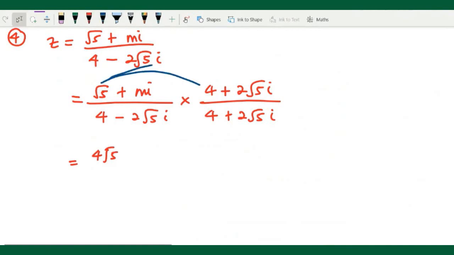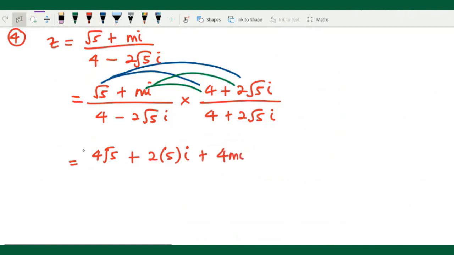Okay, 1, 2, and then next. 2 times set 5 times set 5, 5 I. Okay, then 4 Mi, 4 Mi, finally plus 2 set 5 Mi times I square.